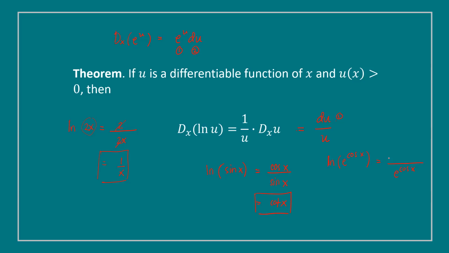Then the numerator would be e^u du. So e raised to the power of cosine x, then get the derivative of u, which is negative sine x. So cancel out, cancel out. The answer would be negative sine x.